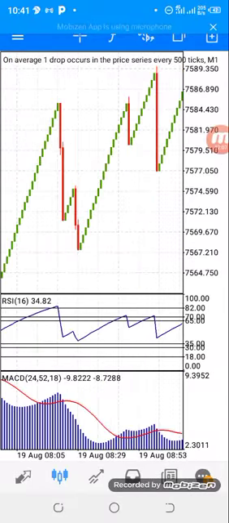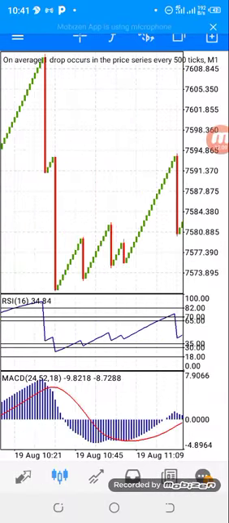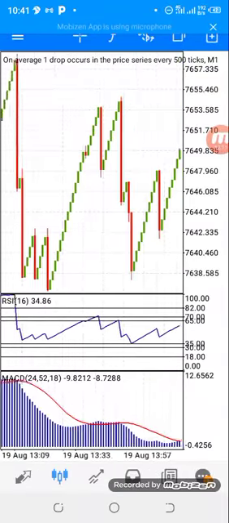Now if we look at this level, let's check.